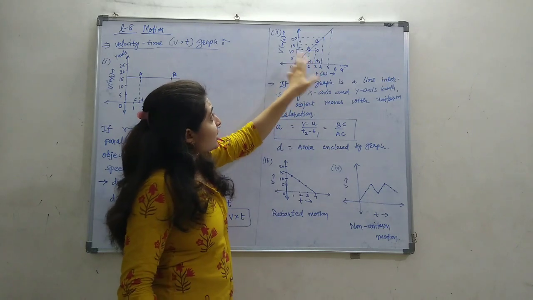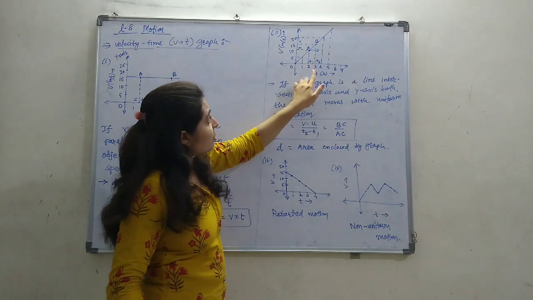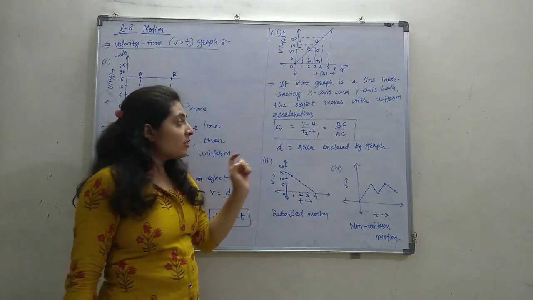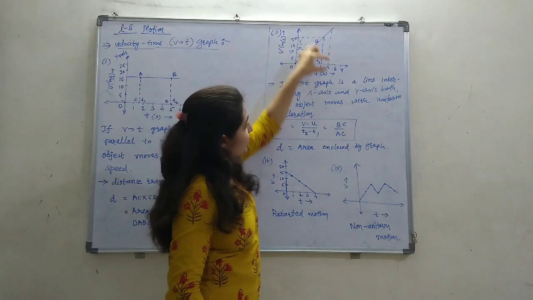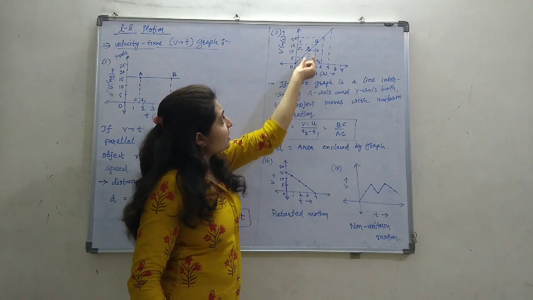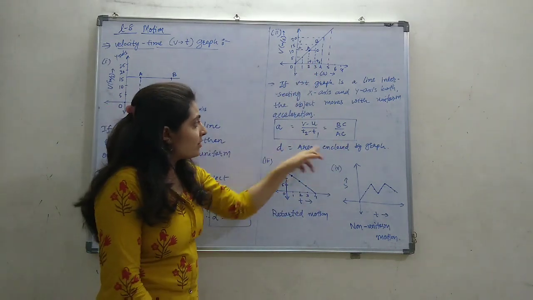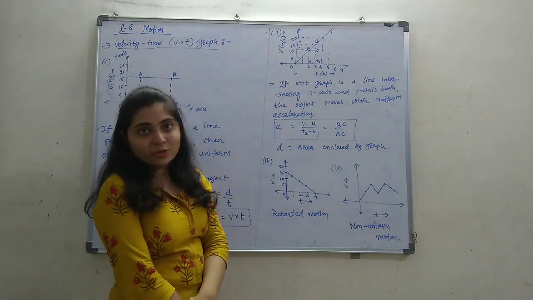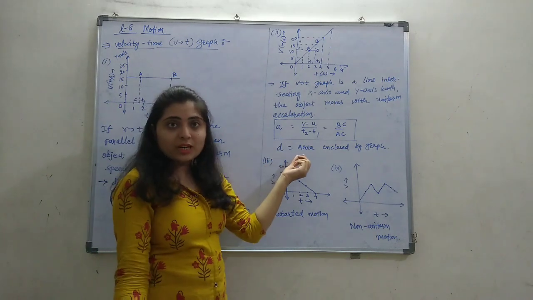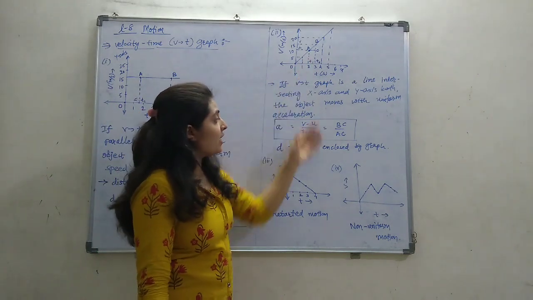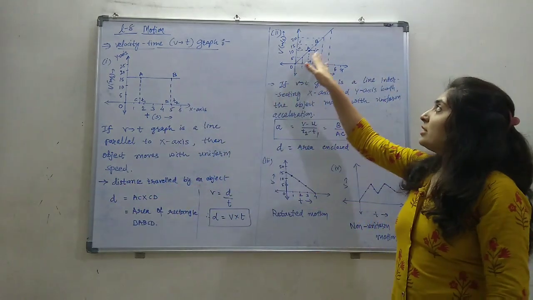So the change in velocity is v minus u, and the time interval is t2 minus t1. So v minus u represents BC, and t2 minus t1 represents AC in the triangle ABC. By this formula, we can get the acceleration from the graph if the data is given. And distance, we know, we can get by the area enclosed by the graph. Area under the graph will be the distance.